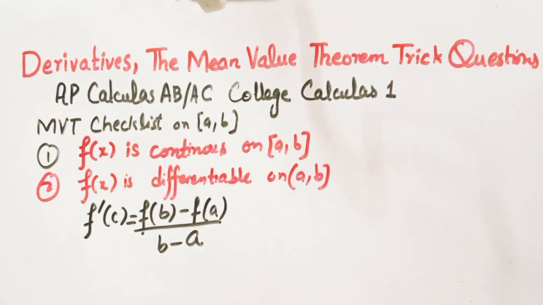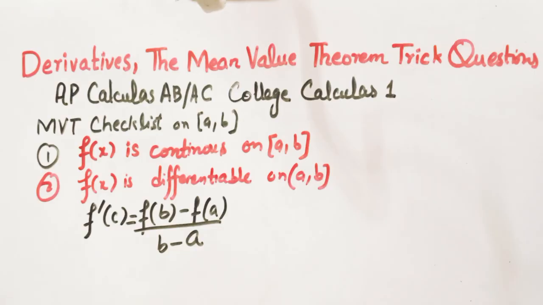Before we touch an equation, let's establish the rule of engagement. For the mean value theorem to even apply, your function must satisfy two strict conditions. First, it must be continuous on the closed interval from a to b. This means no holes, jumps or asymptotes. Second, it must be differentiable on the open interval from a to b.